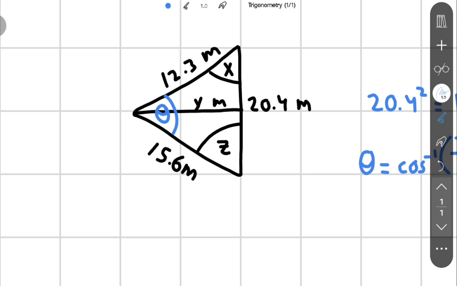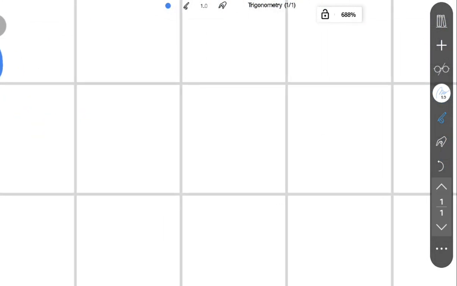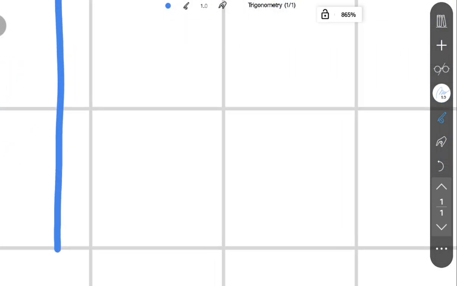So let's calculate both. So we have 20.4. Oh no, we're calculating for angles.